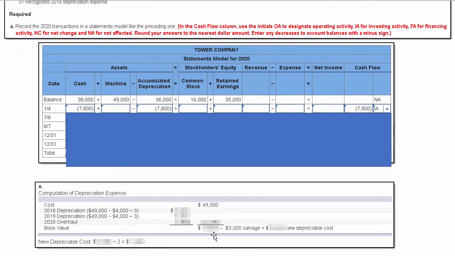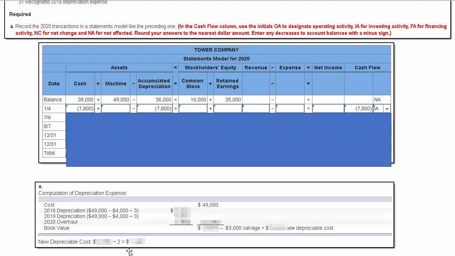All right. So we have a new cost minus the salvage value, which would give us our new depreciable base. I call that the depreciable base. They're calling it the new depreciable cost. Okay? So we have to take the depreciable cost, and now we're dividing it by 2. Now you may be confused on why that is. This is the 3rd year, but that overhaul extended it to 4 years.